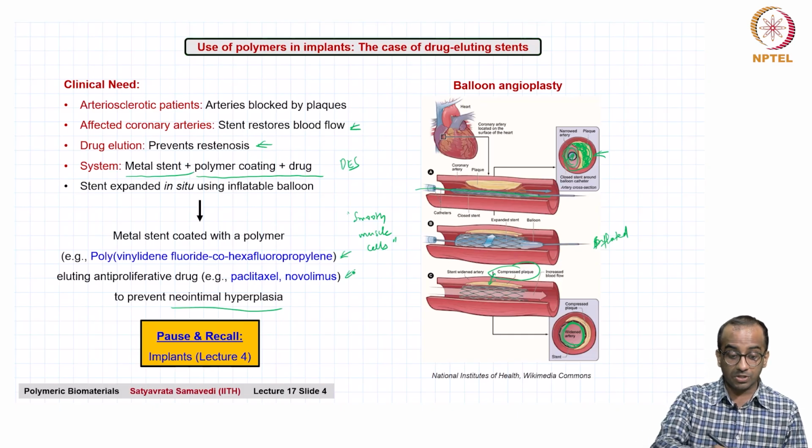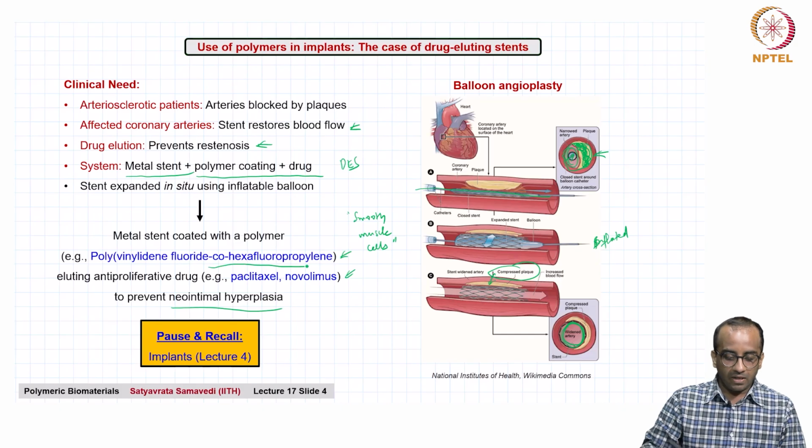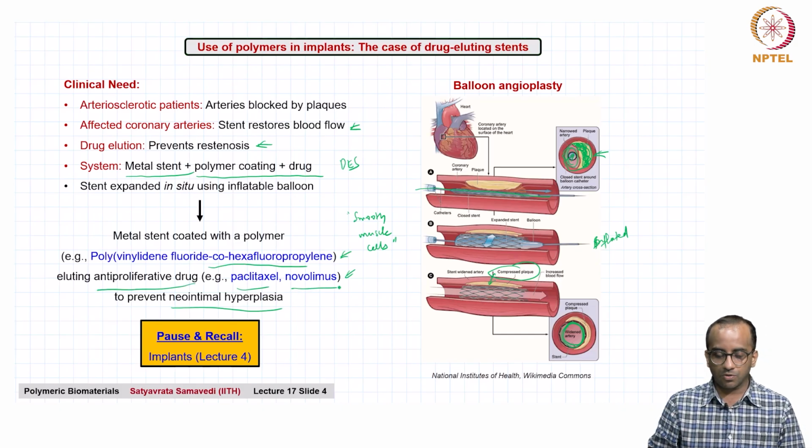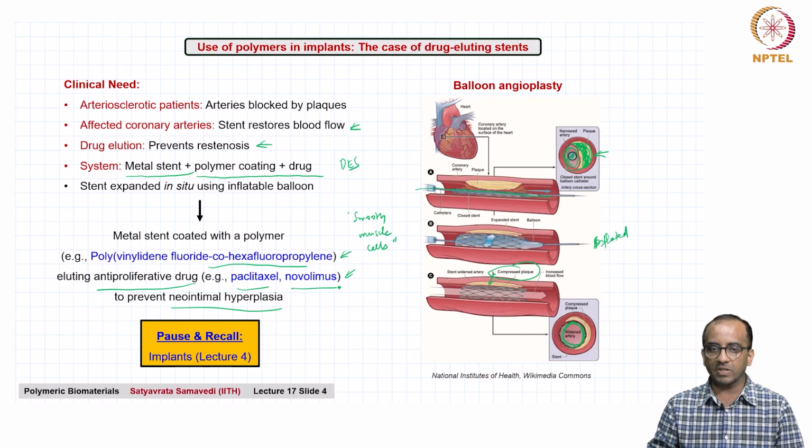You will immediately notice that it's a copolymer eluting an anti-proliferative drug, typically paclitaxel or novolimus, one of these drugs. And what happens here is, once the stent is placed inside, over weeks to months, this drug gets eluted, thus actively preventing migration and proliferation of these vascular smooth muscle cells, thus preventing restenosis and thus preventing implant failure.